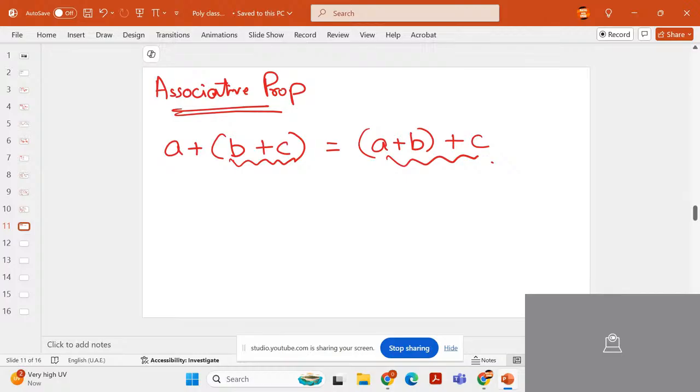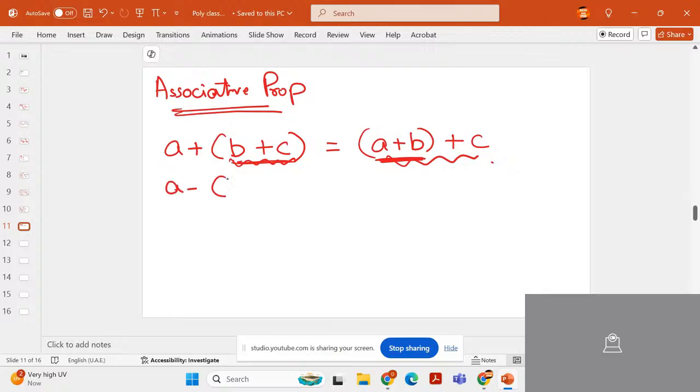If you are adding A, B, C, in the first case by grouping the last two, and in the second case by grouping the first two, you should get the same answer. Then we say that they are associative under addition.